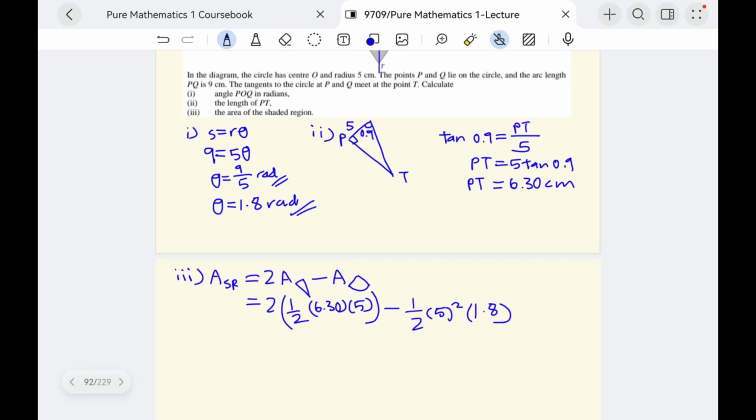If you want to maintain the accuracy for PT, you can use the exact value of PT if you wish, so that the answer for the third part carries forward the previous part accurately.